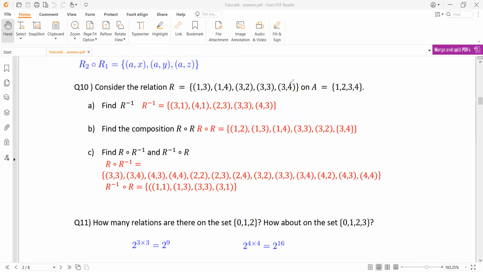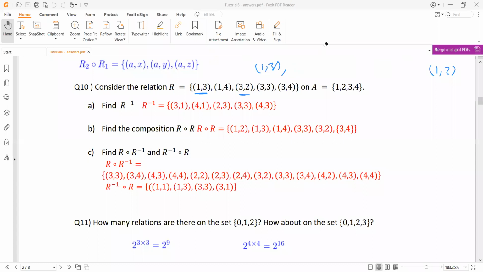Yes, of course. R composite itself. So I'm going to check 1 with 3. Is there any other pair that starts with 3? Yes, there is, which is this one, 3 with 2. So combining those together, I'm going to get the pair 1, 2. Okay, great.